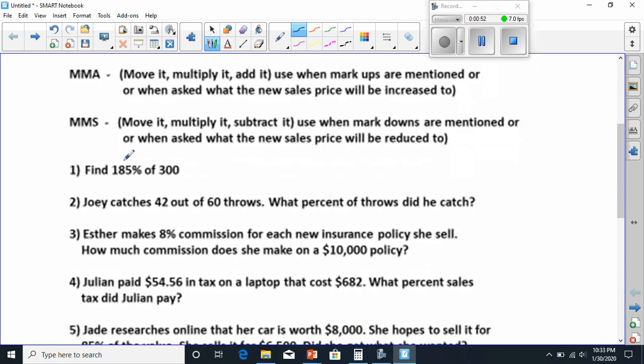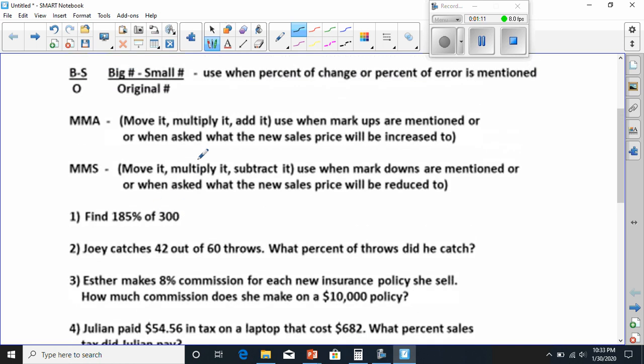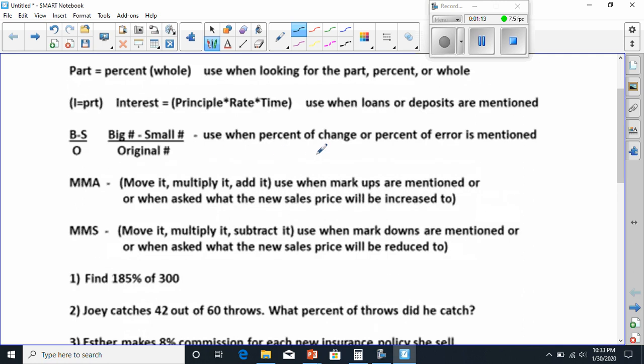Well, first one says find 185% of 300. Well, if we do this, we see that we are asked to find a certain percent of an amount, right? So basically a part of something. Well, we can see that they've given us a percent and a number, and if we start looking through here, which formulas will have us use a percent and a number?